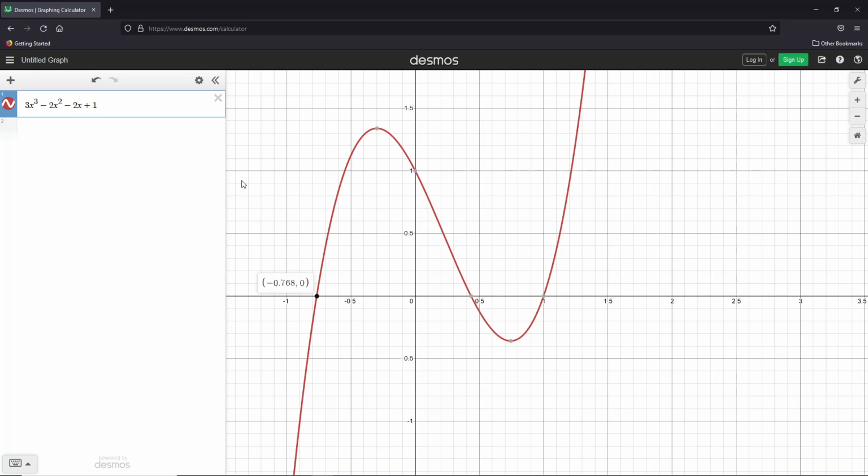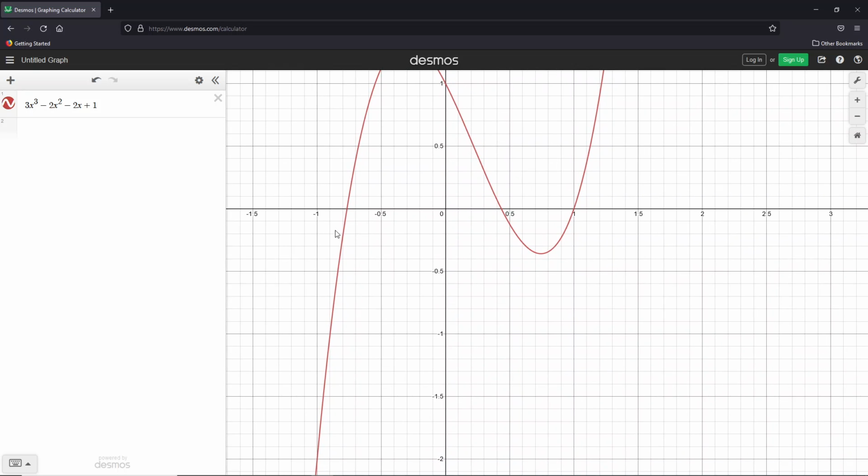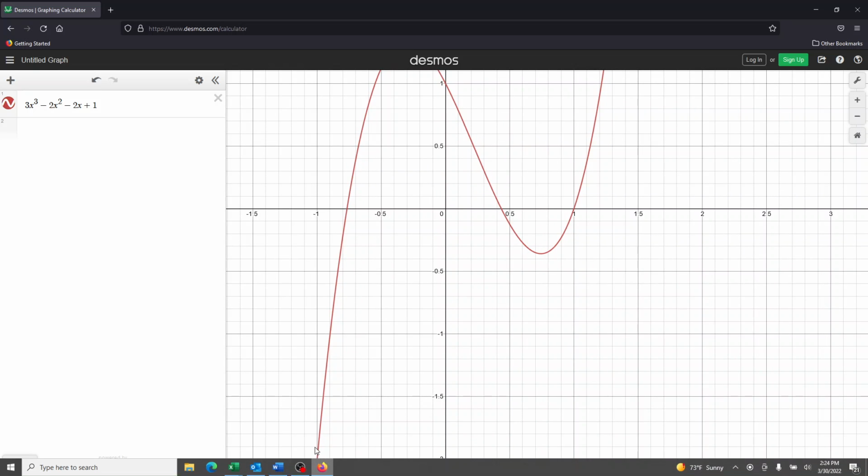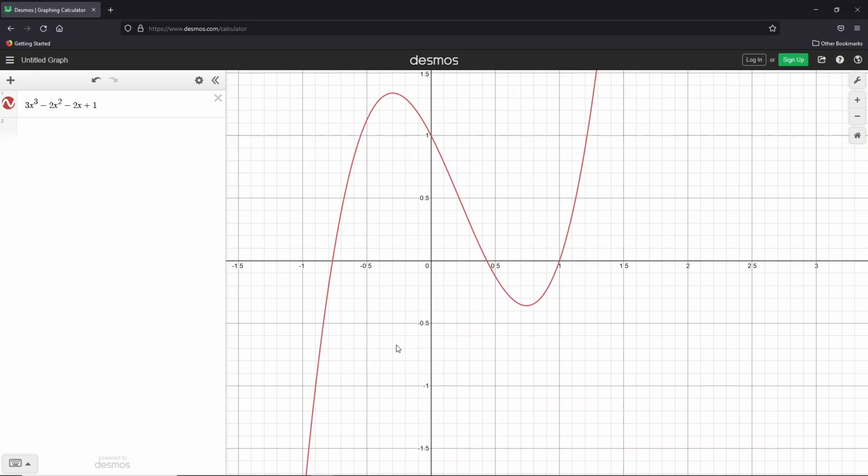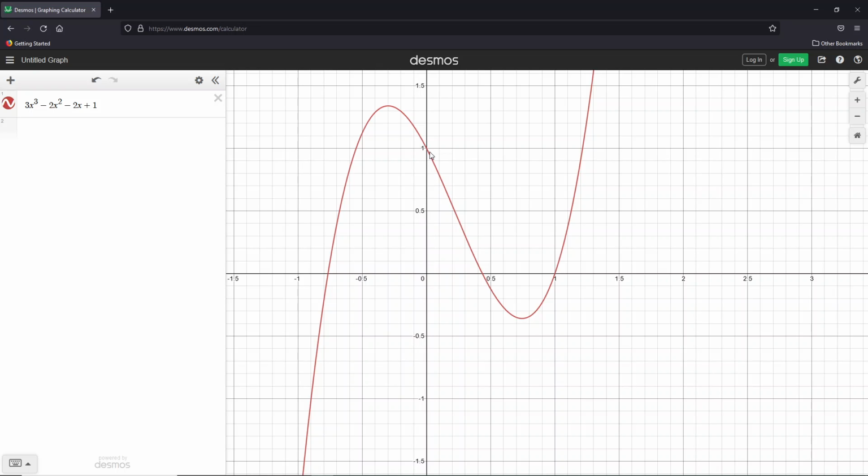Let's say we want to show that f of negative 1, if we plug negative 1 into this function, you get negative 2. F of 0 would be 1.